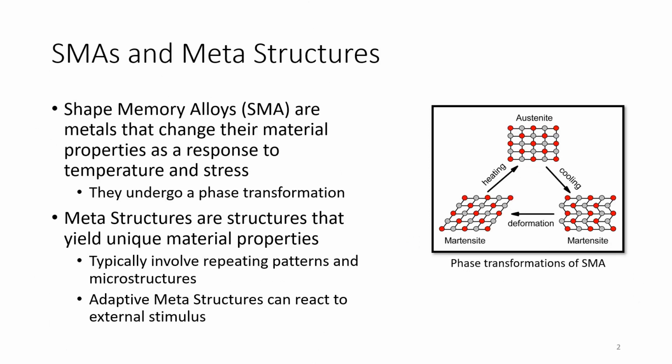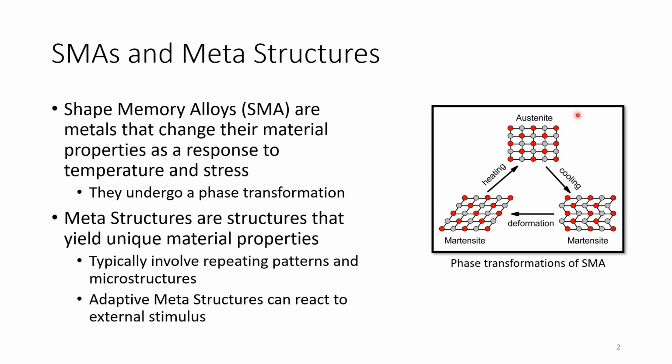So before we get too into what I've been actually doing, what are shape memory alloys and what are metastructures? Shape memory alloys are metals that can change their material properties as a response to different temperatures and stresses. Most materials, like aluminum, have one set of material properties and that's kind of it. SMAs can actually transform between two different phases, the martensite and the austenite phase, and have different properties for each.